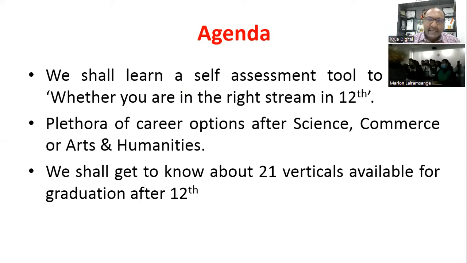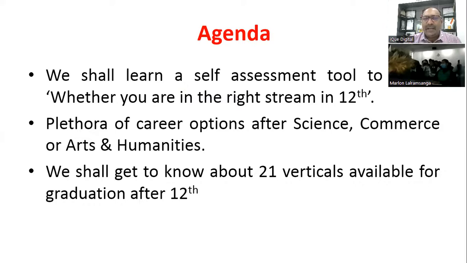After we discuss this self-assessment tool, where you will get more clarity about yourself as a candidate, I will discuss with you a number of options across the board for students who can pursue their graduation degrees after having taken the combination of science subjects or commerce subjects or arts and humanities subjects.